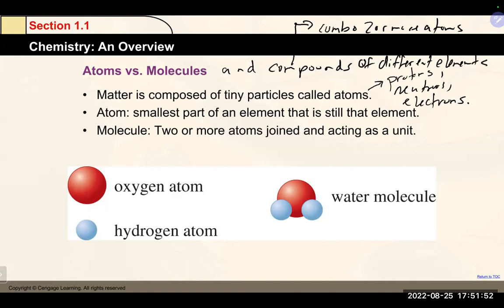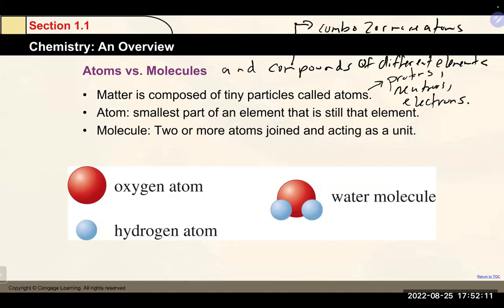Different elements that come together. So that is really the main difference between those two. It has to be atoms of different elements that come together to make a compound, while for a molecule, it doesn't really matter. It could be different elements, it could be the same element. That's the definition of a molecule.